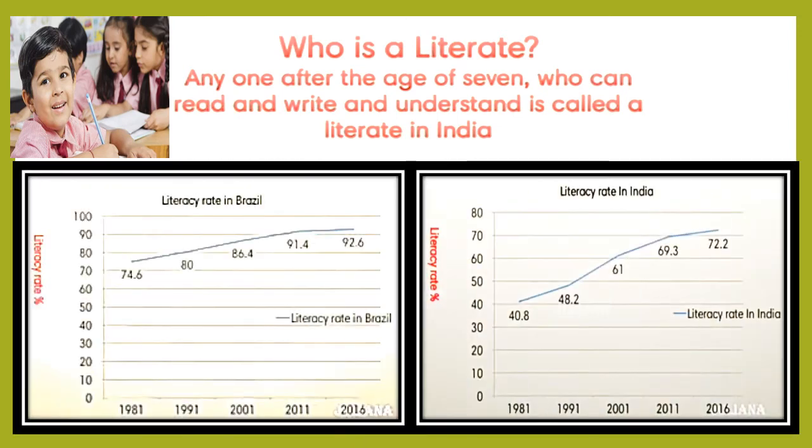So let us see the graph of both Brazil and India. If we see here, in 1981 the literacy rate was 74.6 percent. In 1991 we have 80 percent.